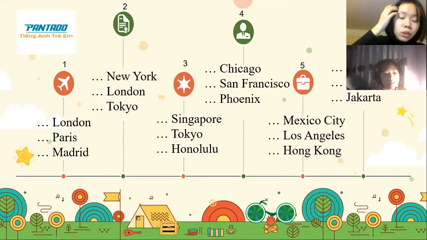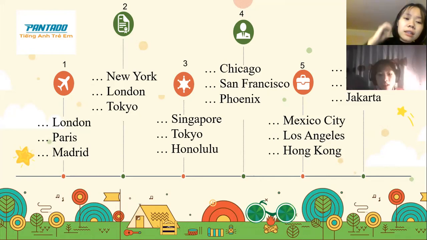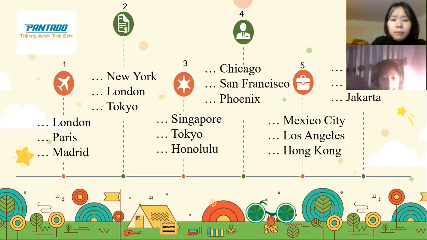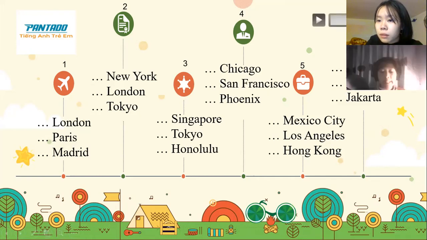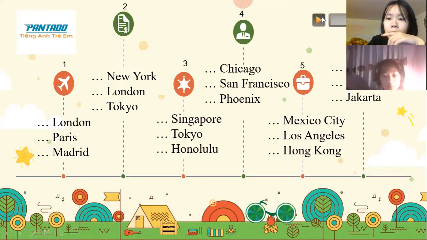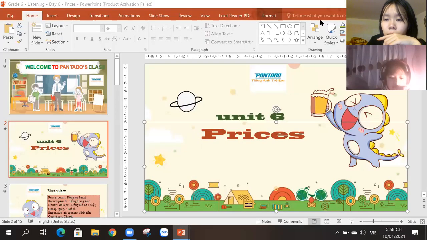Con đánh số từ 1 đến 3 cho cô nhé. Cái nào đắt nhất thì con đánh 1. Rẻ nhất thì đánh 3. Nghe nha. Ủa?